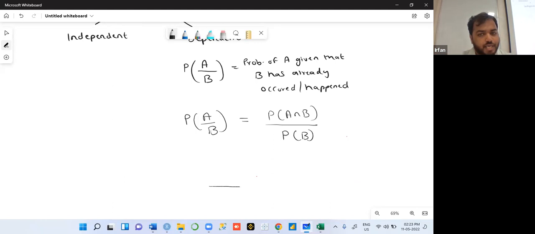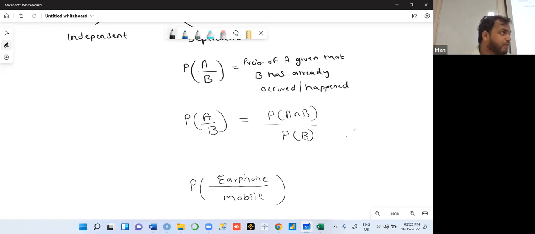Probability of buying a earphone given that customer already have mobile phone. Agree? Probability of buying a screen card given that customer already have mobile phone. First we purchase mobile, then we go for screen card.